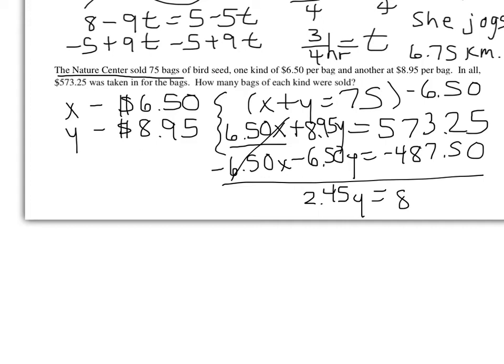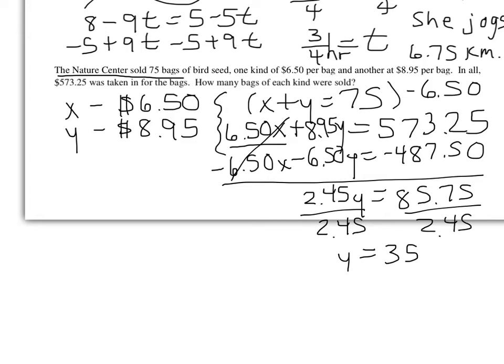That gives us 85.75. Let's divide both sides by 2.45. And we get y equals 35. We're going to sell 35 bags of the $8.95 birdseed.